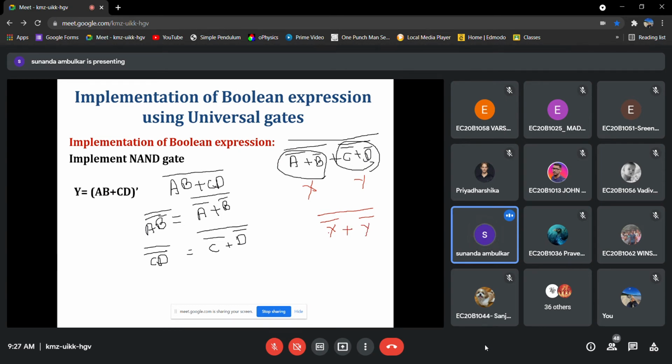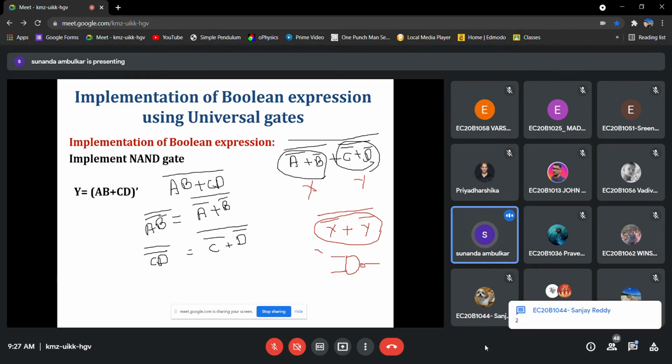So what will happen here? This term makes one NAND gate, but the expression includes the complement of the NAND gate. So we need one NAND gate here. Suppose this is x and this is y.